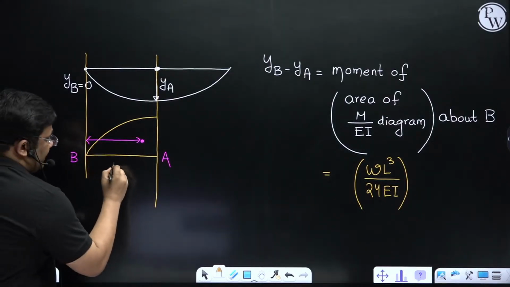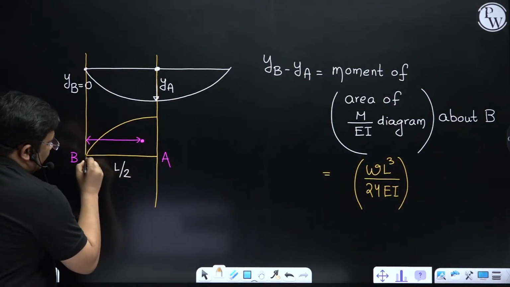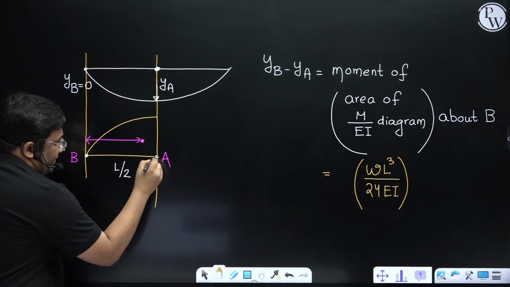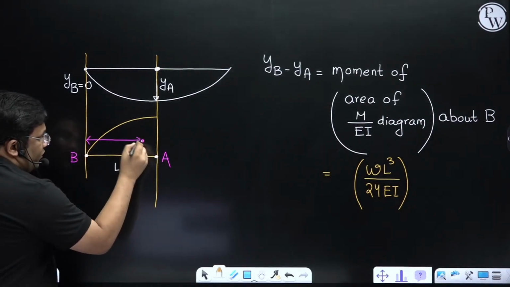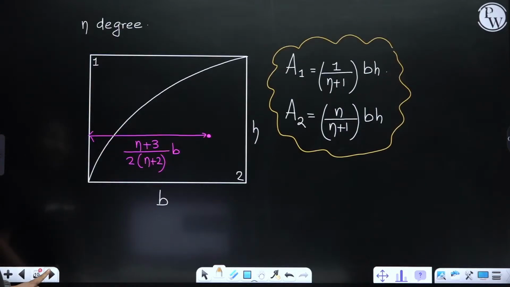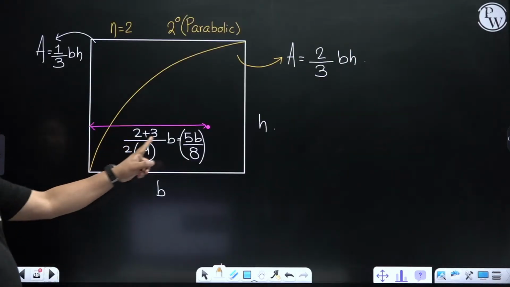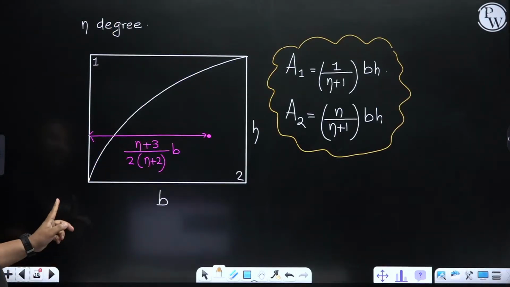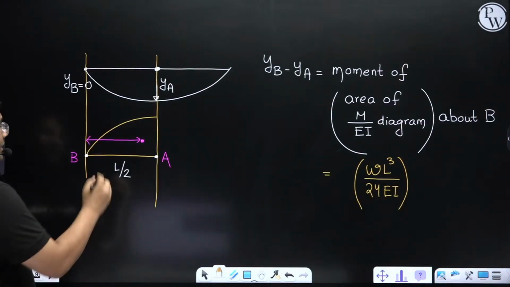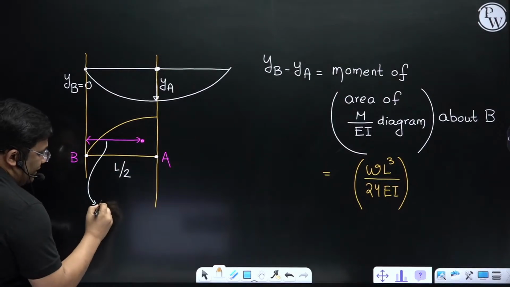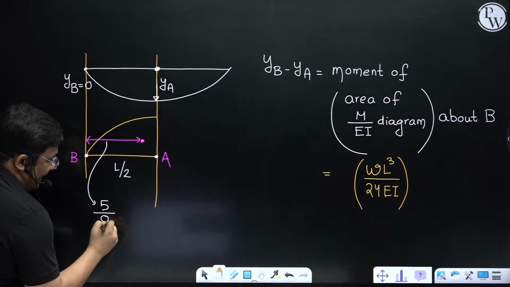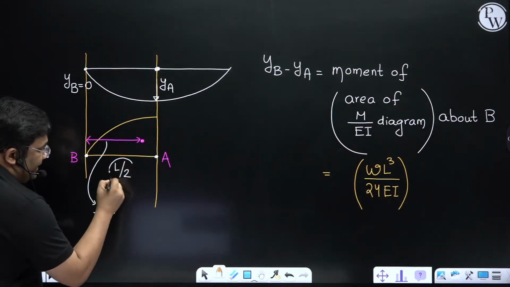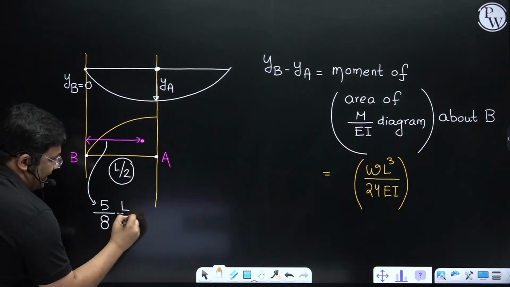So this dimension is how much? Here it is L by 2. So what will be this centroid distance from here? If you compare with 5B by 8, this will be 5 by 8, and in place of B, here it is L by 2.